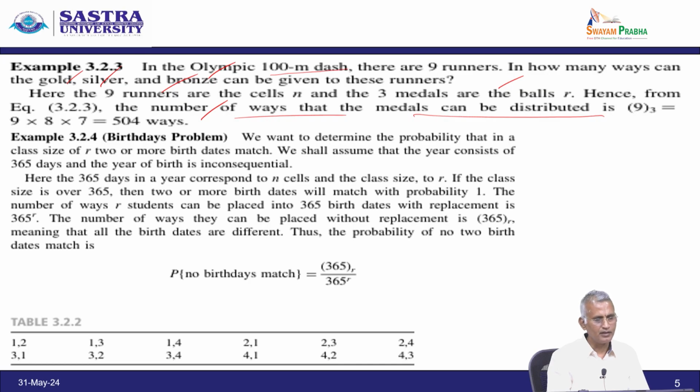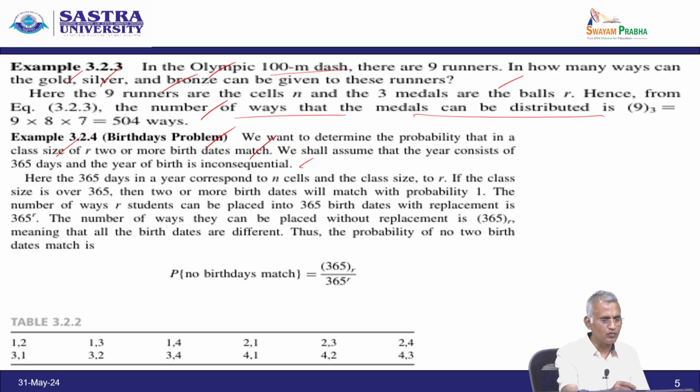Next example, the birthdays problem. We want to determine the probability that in a class of size r, 2 or more birth dates match. We shall assume that the year consists of 365 days and the year of birth is inconsequential. So, here 365 days in a year correspond to n cells and the class size to r.